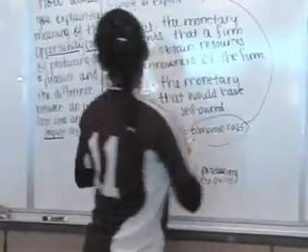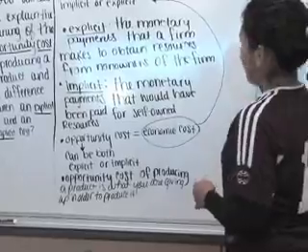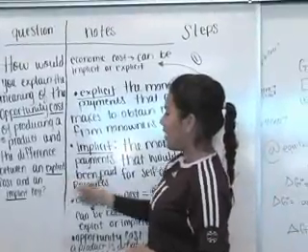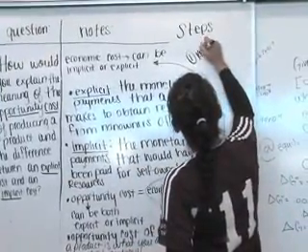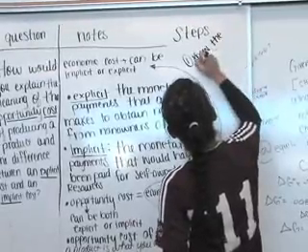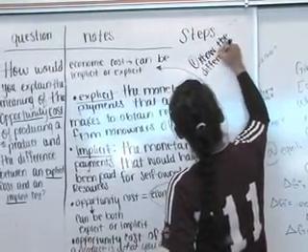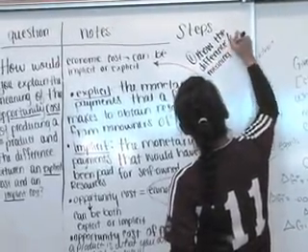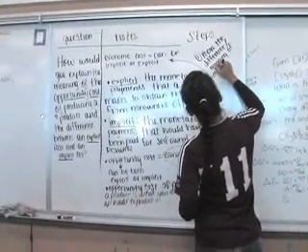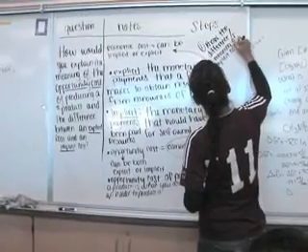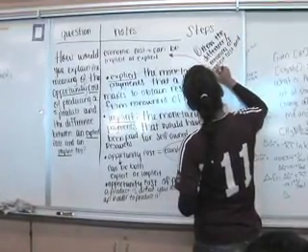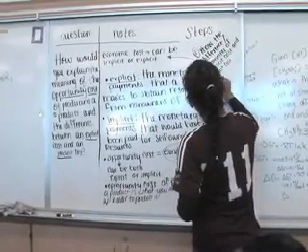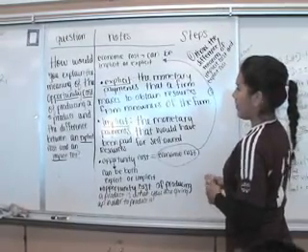Okay, so now that I have my question done, I'm going to write my steps. So first I have to understand what the difference is between explicit and implicit cost. And then I have to understand what opportunity cost means.